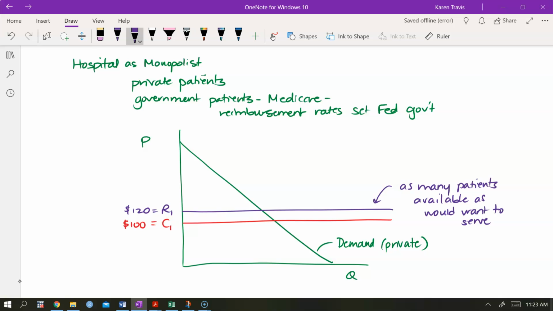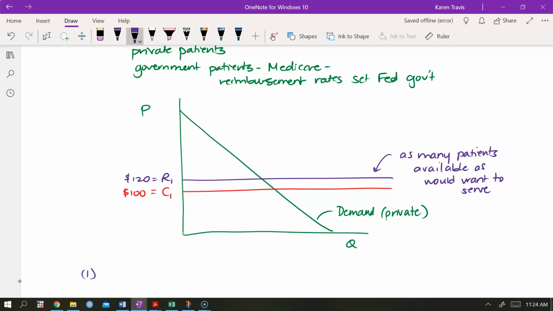So in this scenario, we want to think about what the monopolist would want to charge as a fee to the private patient. So we have two questions. What price and quantity for the private patients, and what quantity makes sense for the Medicare patients.